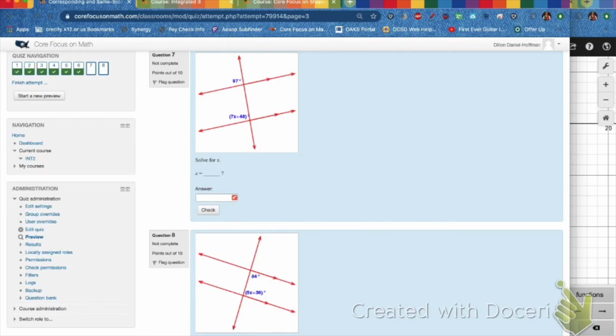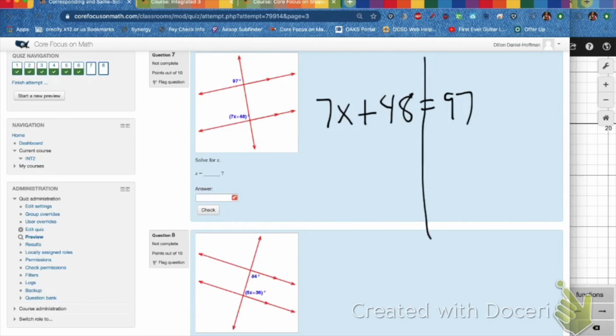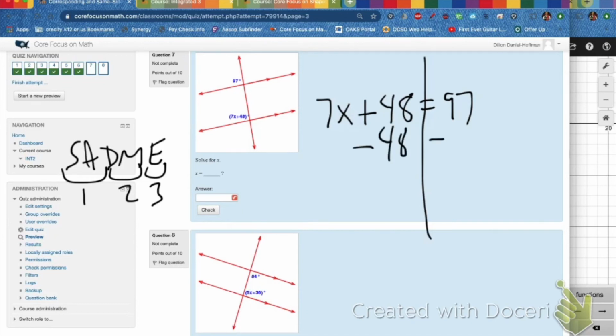Let's do this backwards. So I recommend you do the same. 7x plus 48 equals 97. SADME. We got to first subtract and add, then divide and multiply, finally do exponents. Always the opposite, always to both sides. As has been our common theme in most of these, we have to subtract.